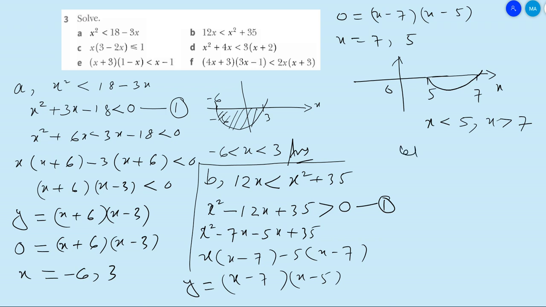Let us suppose x is equal to 4. So if we put 4 in the equation, it is 4 square minus 12 into 4 plus 35. Find the value with the help of calculator.